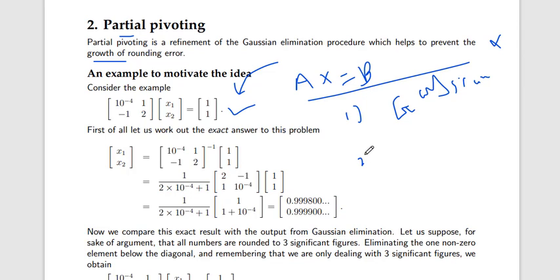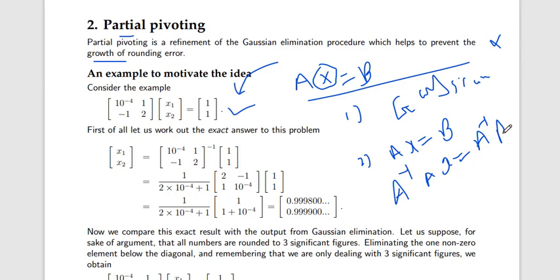Here you can also find the value of x by a different method. How? Here you have Ax is equal to b. You can multiply both sides by A inverse. A inverse into A x is equal to A inverse b. Okay, so here A inverse into A means the identity matrix.